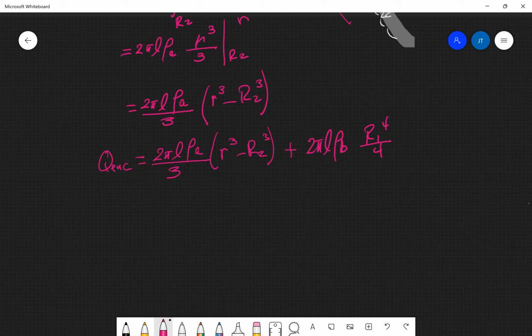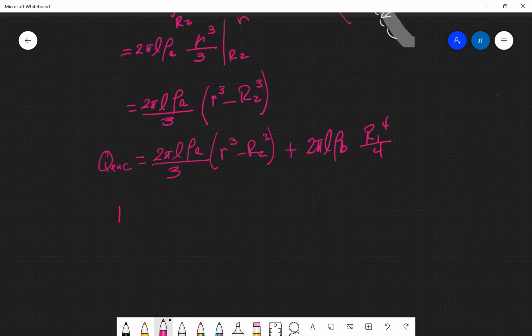Do not get confused again that here we have an R cubed, here we have an R to the 4. This density is in proper units to give us the correct total charge density, right? This is the constant. And thus will give us the correct Q enclosed in coulombs, and then will give us the correct electric field.